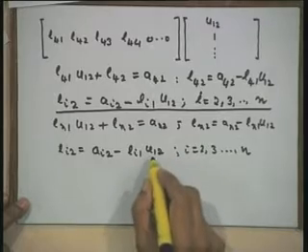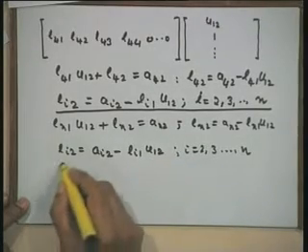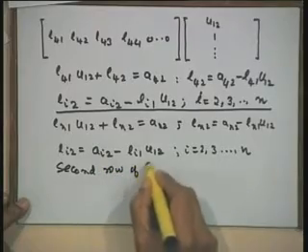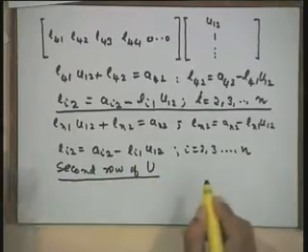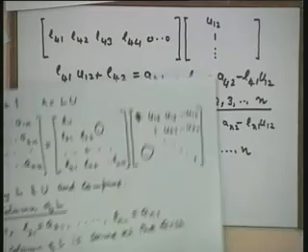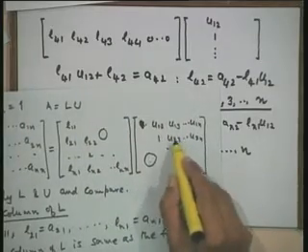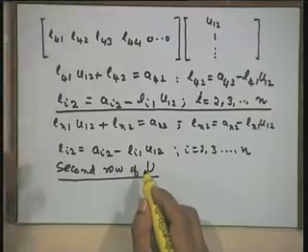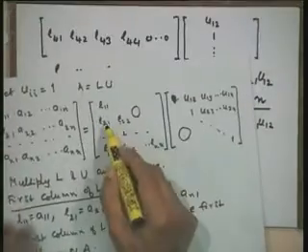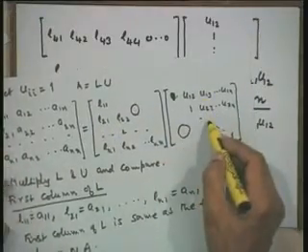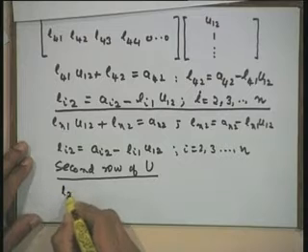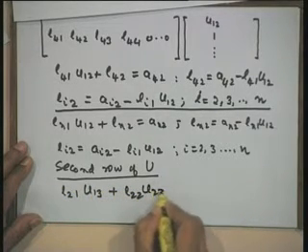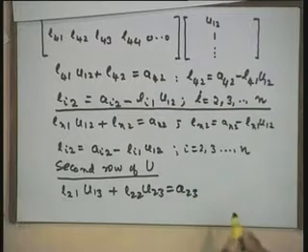When once we complete this, we go to the second row of U. That means, I would now like to find out what will be the elements of this second row, that is U23 so on up to U2n. Therefore, I now multiply the second row of L and third column of U, which gives me L21 U13 plus L22 U23 is A23.